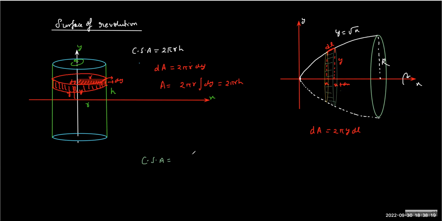So curved surface area we write as perimeter into height. Not slant here. Perimeter into height. And this is only true when the perimeter is constant.